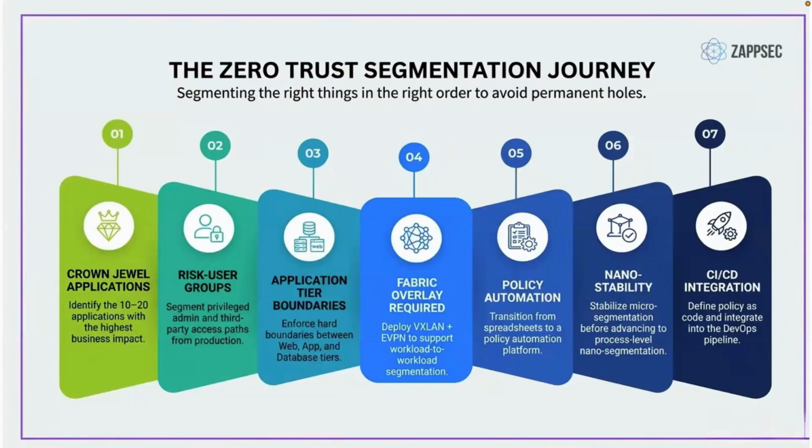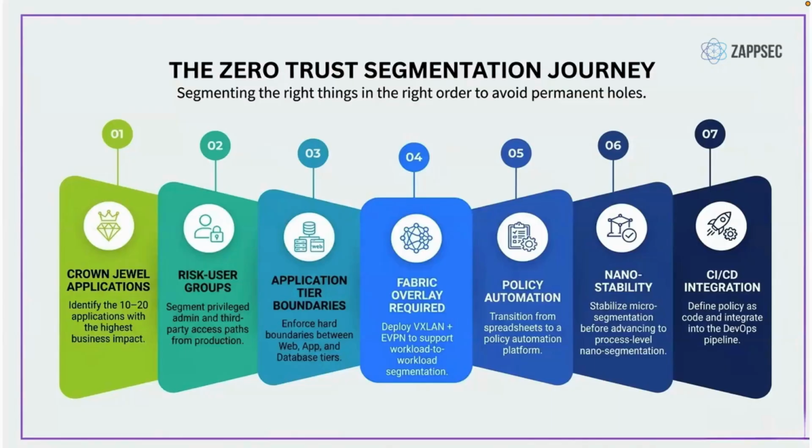You need programmatic policy definition and deployment before you attempt microsegmentation. Ask me how I know, because teams that reach step five with a spreadsheet spend the next 6 months managing exceptions instead of enforcing policies. Yeah, I've seen that in most organizations when they make this mistake.